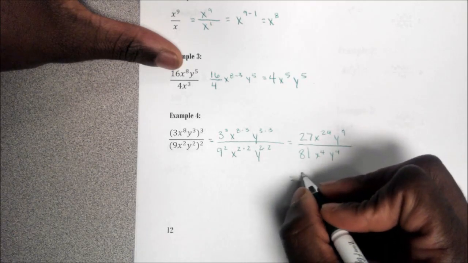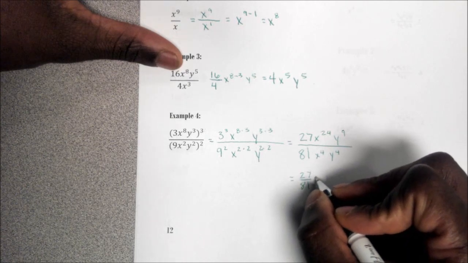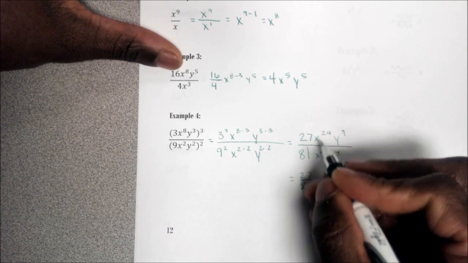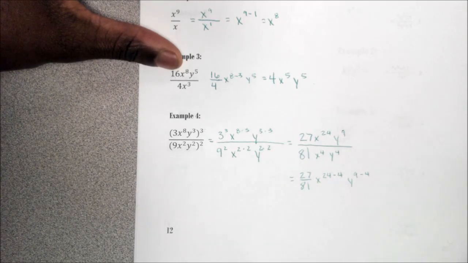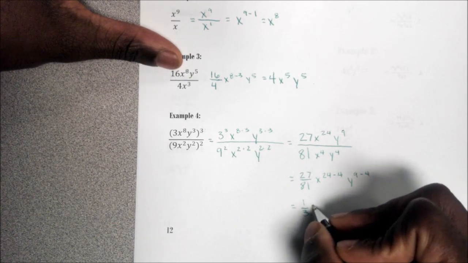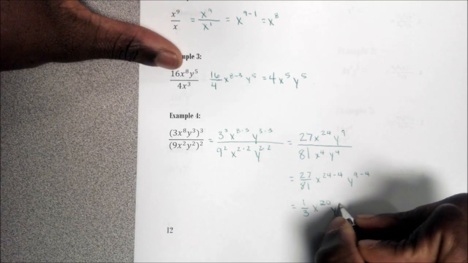So that's going to simplify. Let me write this down like this. So 27 over 81 times x to the 24th minus 4, since we're dividing, and y to the 9th minus 4. That fraction is going to simplify to 1/3. x to the 20th, y to the 5th.